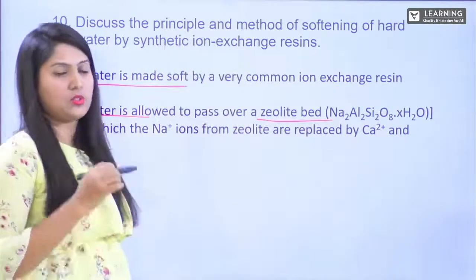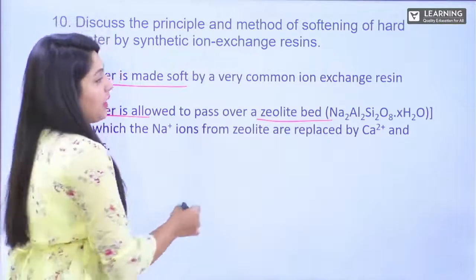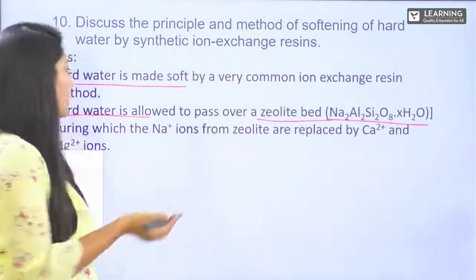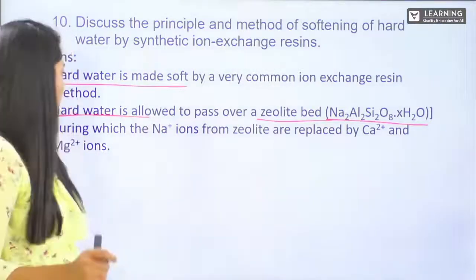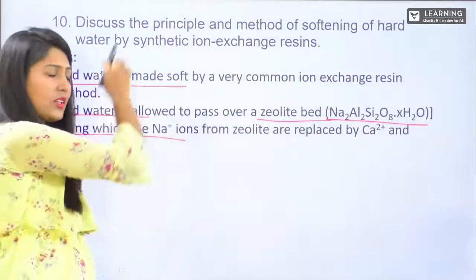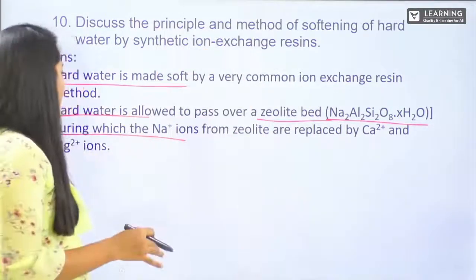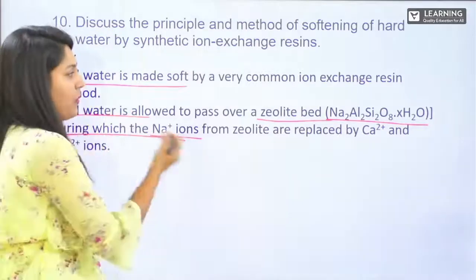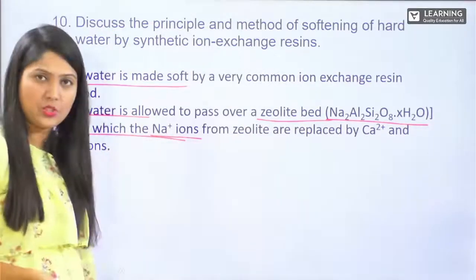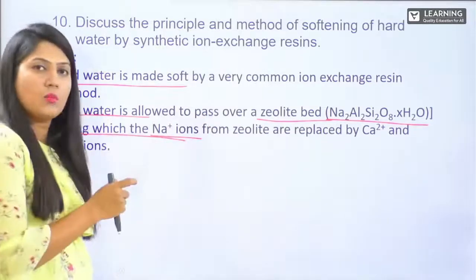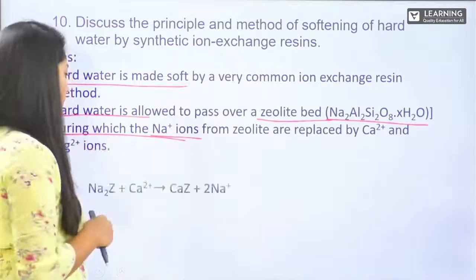This is important: hydrated sodium aluminum silicate is called zeolite, and the hard water is passed through that zeolite. During that, sodium ions are displaced by the calcium and magnesium ions. Hence we can easily remove those ions from the water.